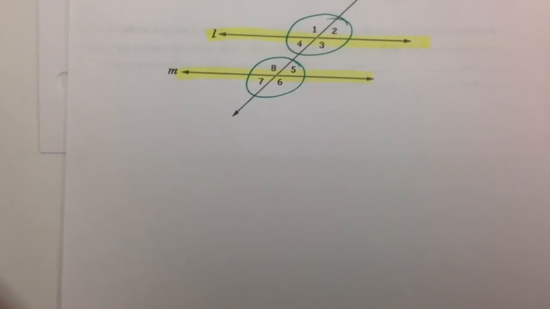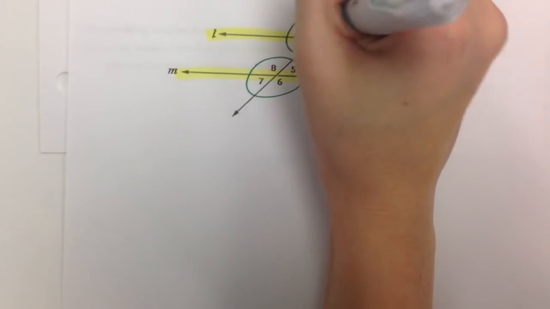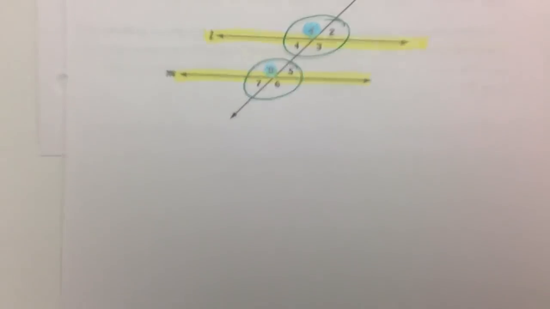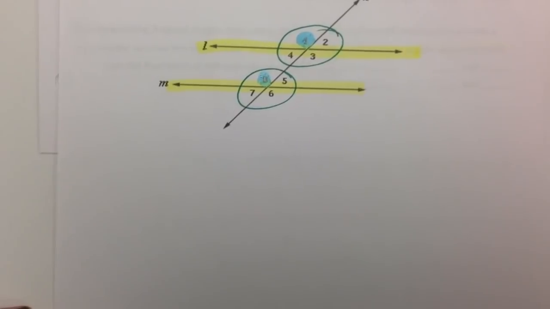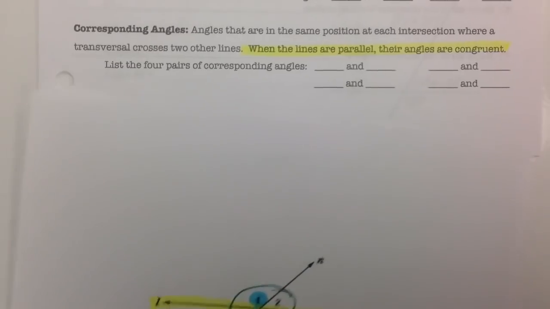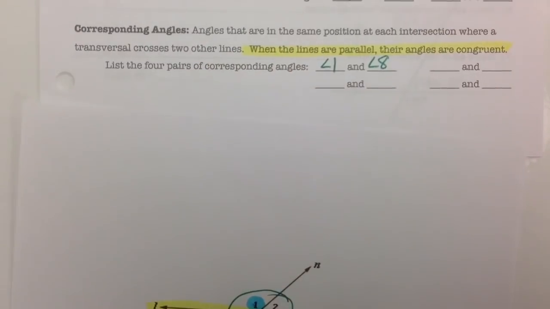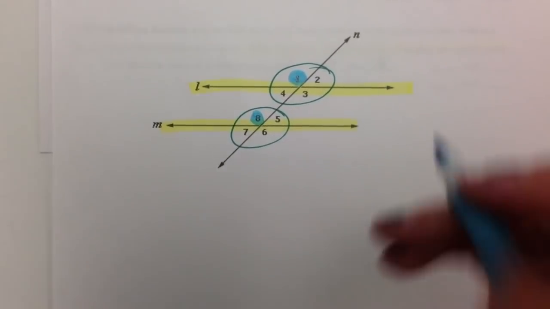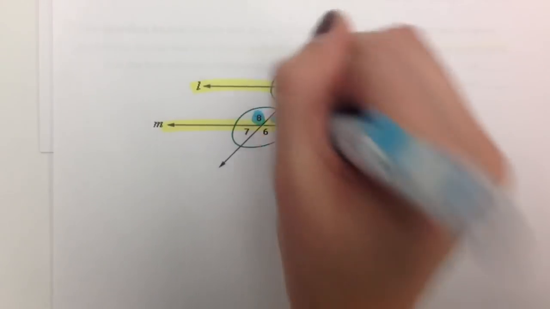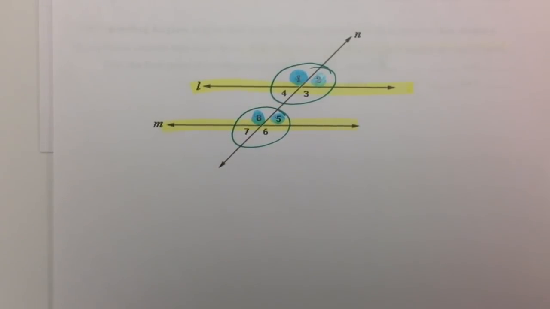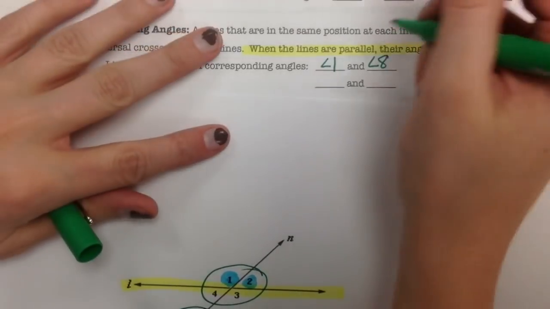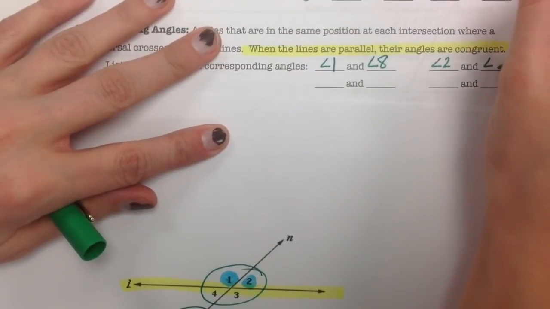Well, we're saying, okay, the 1 is on the top left and the 8 is on the top left. So those are corresponding angles, angle 1 and angle 8. Then we've got 2 is on the top right and 5 is on the top right. So angle 2 and angle 5 are corresponding angles.